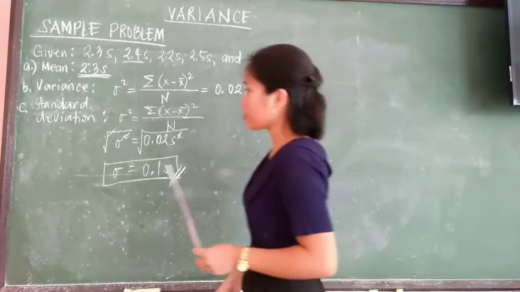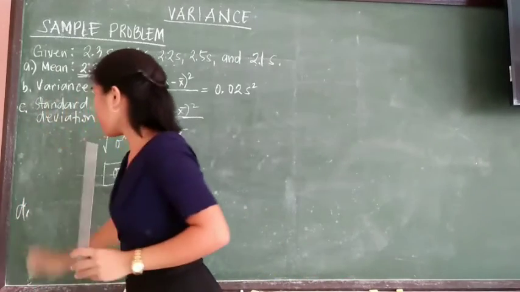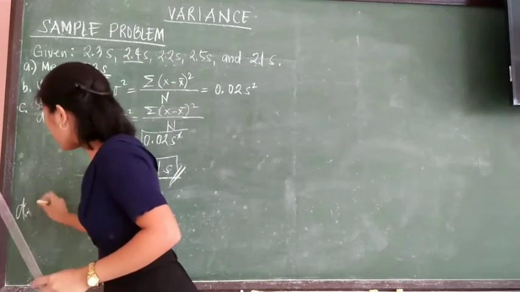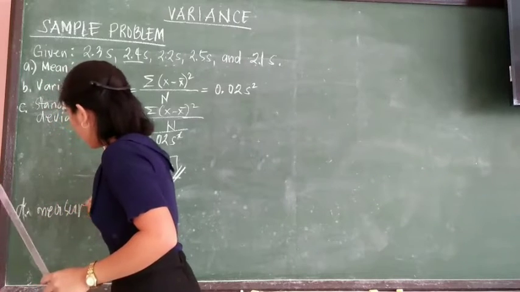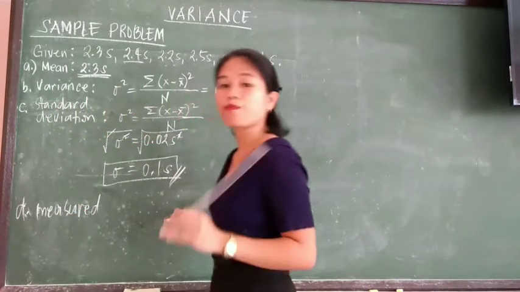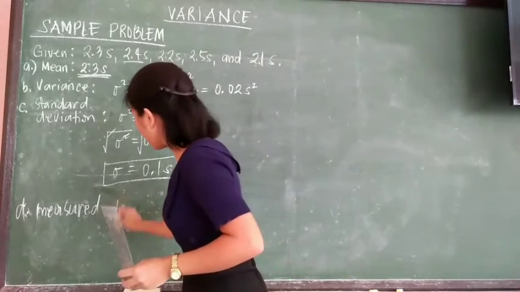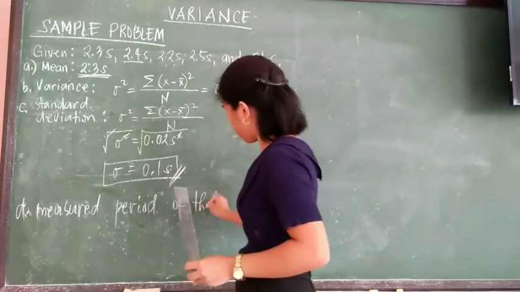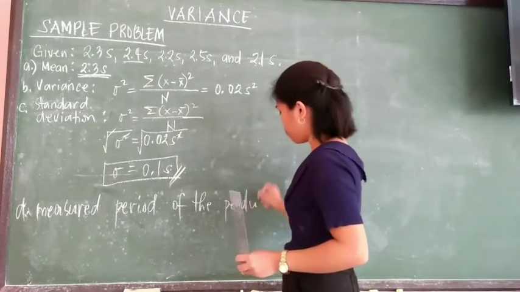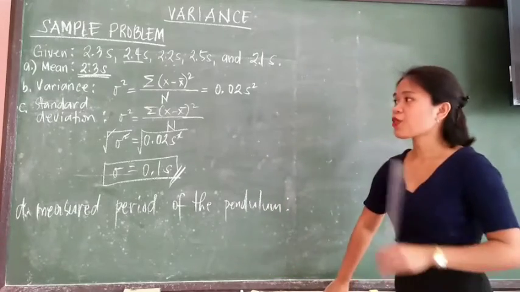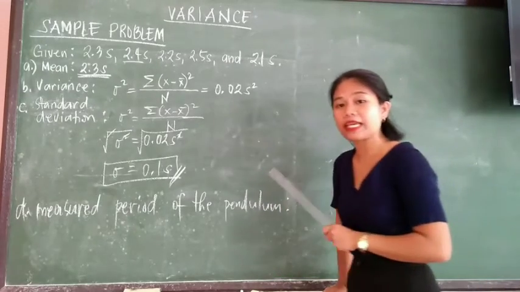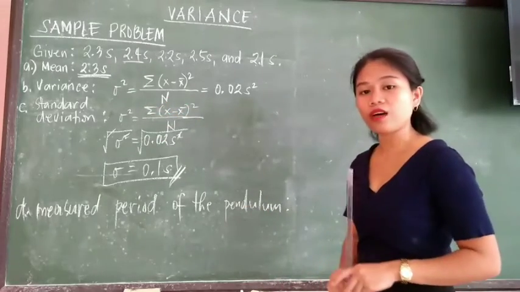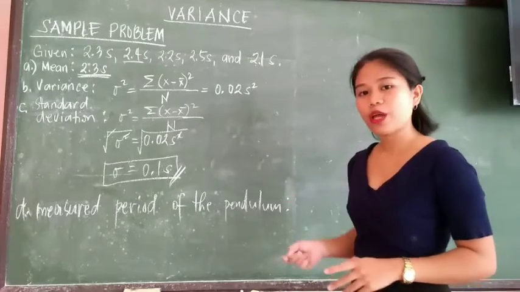Last thing we need to find out is the measured period of the pendulum. The measured period of the pendulum is simply the mean plus minus the level of uncertainty in the set of measurements.